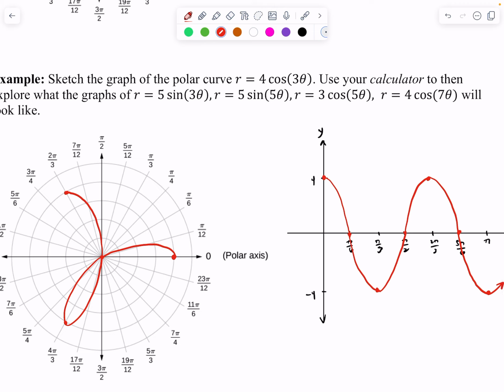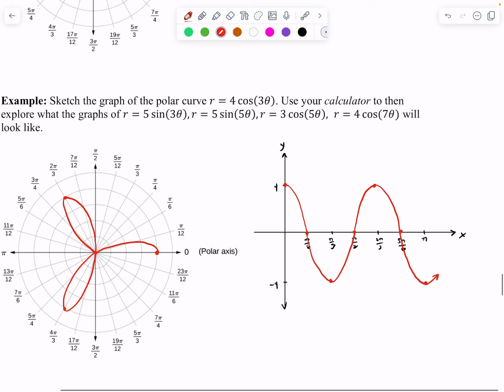Between 2 pi over 3 and 5 pi over 6, positive, positive, positive. And then between 5 pi over 6 and pi, r is negative. Notice that at pi, r is equal to negative 4, so that's going to take us back to close that petal.